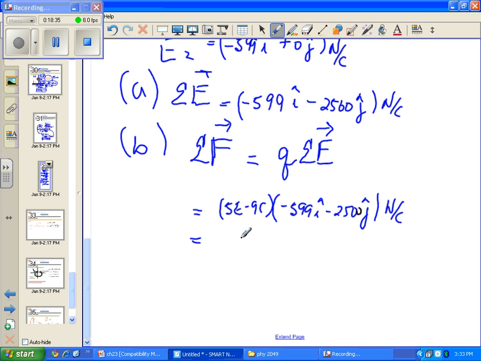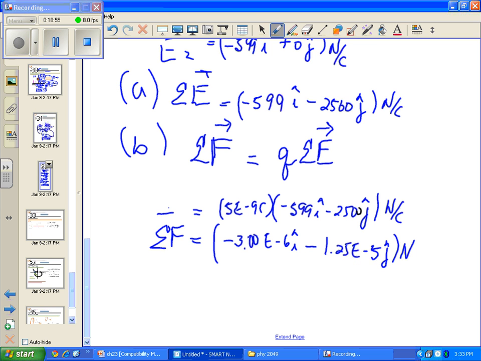Multiply everything out, and I get negative 3e to the minus 6 i hat, negative 1.25e to the negative 5 j hat newtons. That is, provided I have not made a numerical error. That is the solution to part B.